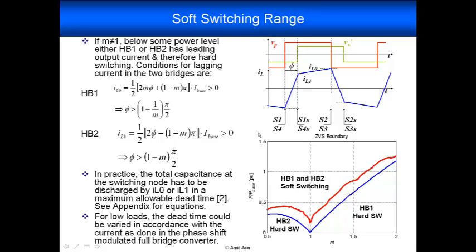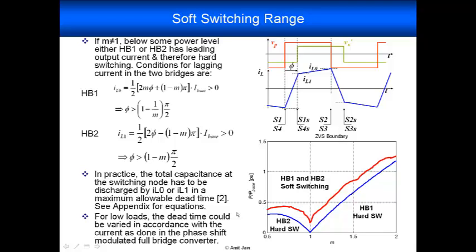So what that means is now instead of these currents being greater than 0, they have to be greater than some threshold value, and the effect of that is in reality we get soft switching down to not this blue curve but this red curve, which is somewhat above the blue curve.